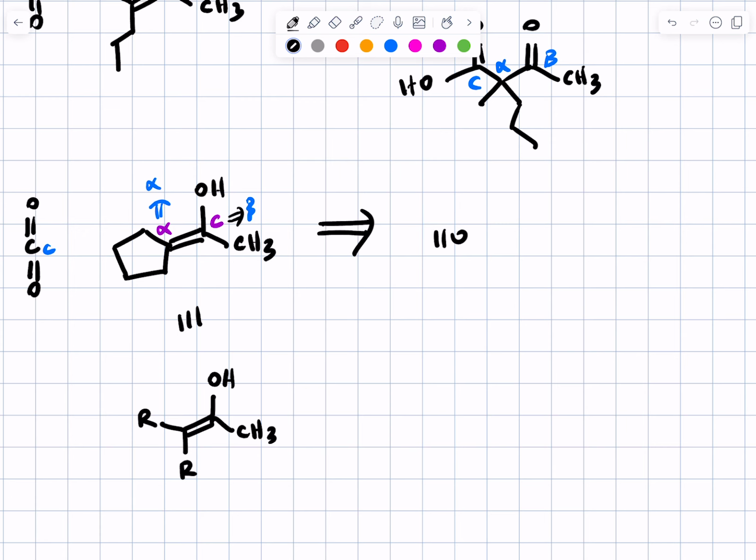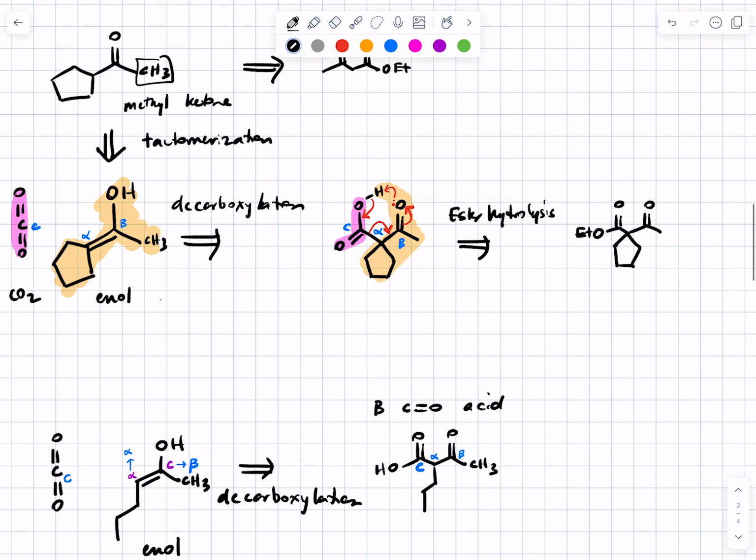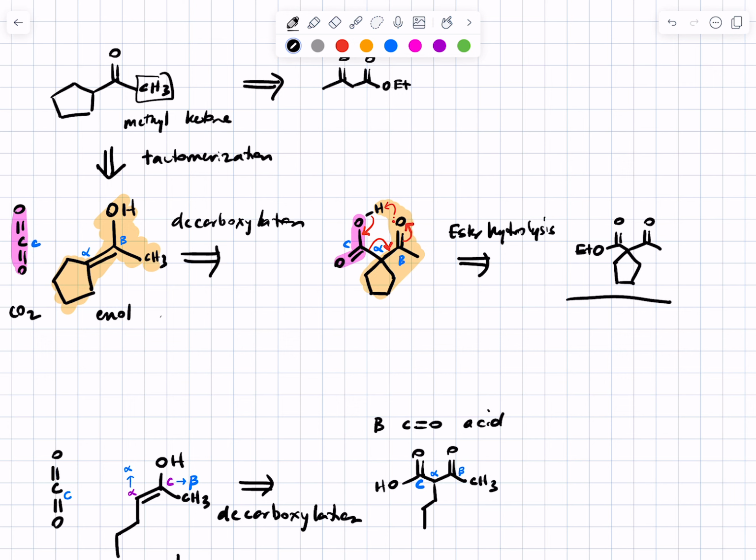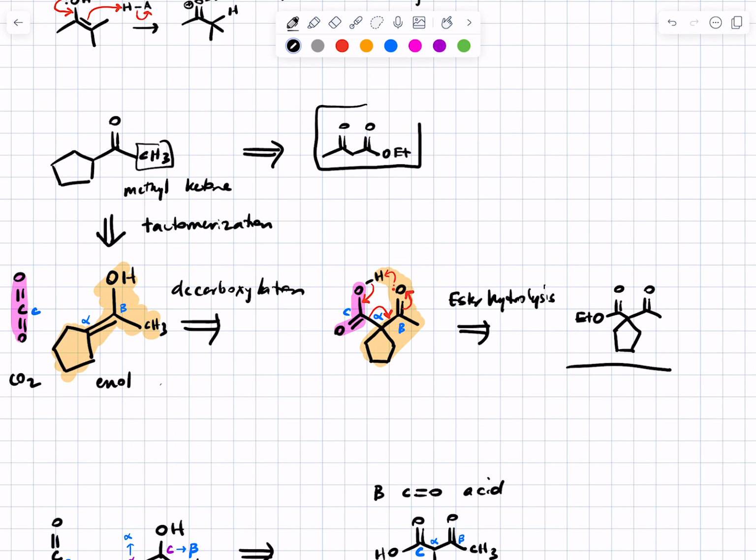Draw the beta keto acid, then pay attention to the one or two alkyl groups on that alpha carbon. The only conclusion you can draw is that it should be like that, which then you can go back and say it's like that. All right? Okay, good. So that got us to here. We still need to get back to the beta keto ester starting material.